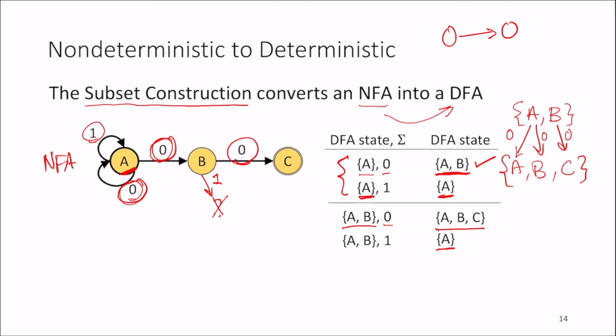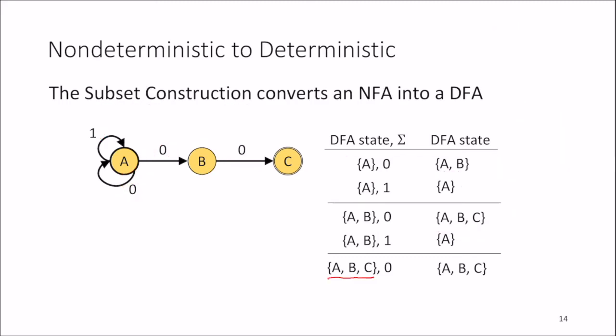But this is a new one we haven't seen before. So let's cover this guy. We've already seen this. Now we need to cover the set containing ABC. And now again, we ask the question, on a 0 or a 1, what can happen? So I'm at this set of states, either A or B or C, and I see an input 0.